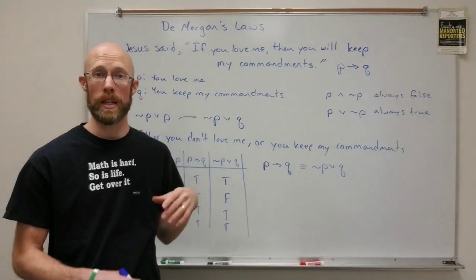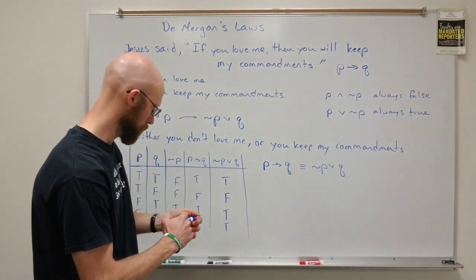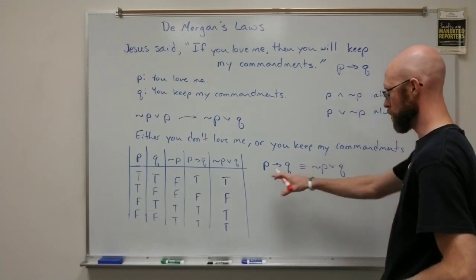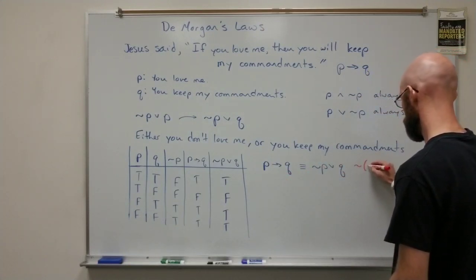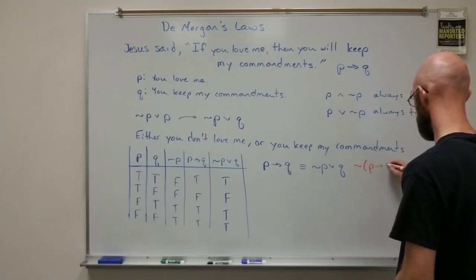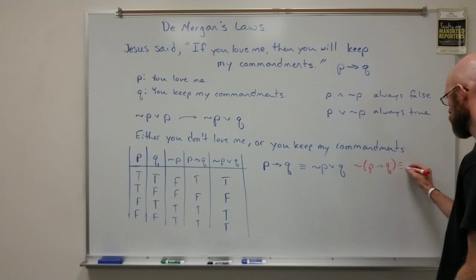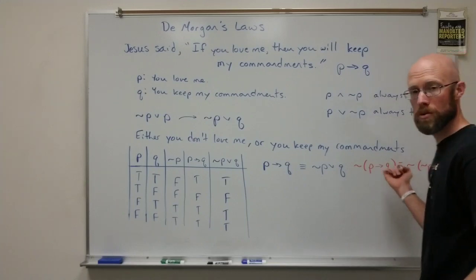Now let's look at the negation of these two statements. We'll add another column to the truth table, and I'll keep a gap. If I were to say not (if P then Q), which is equivalent to saying not (not P or Q), those two would be the same.